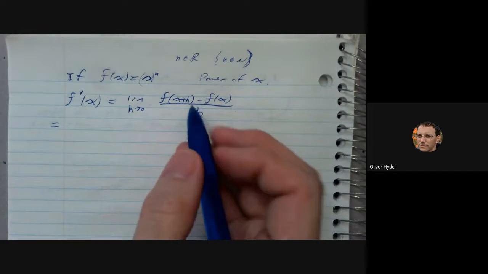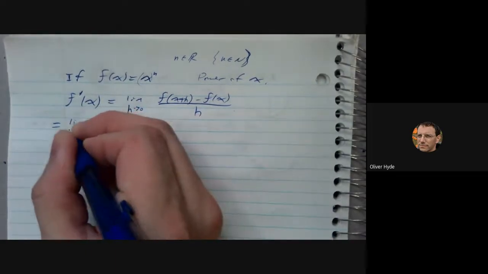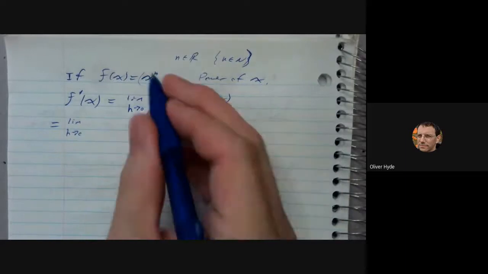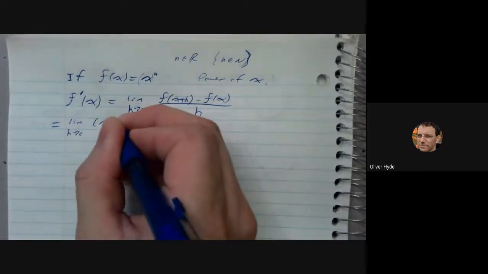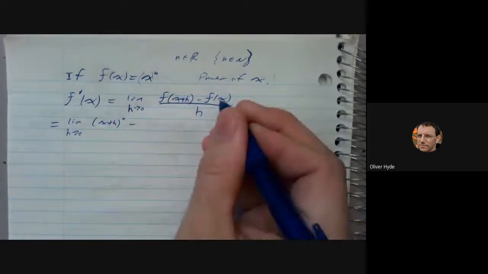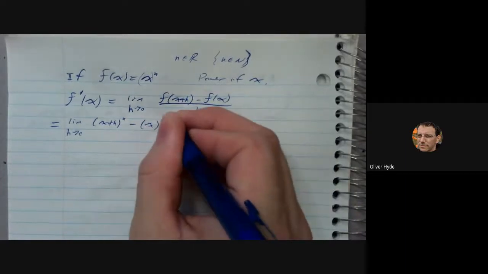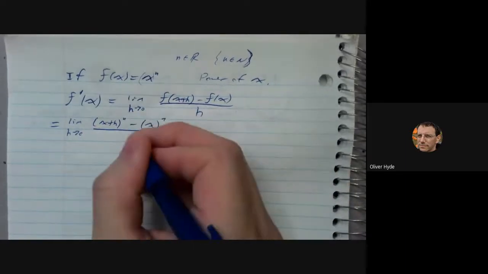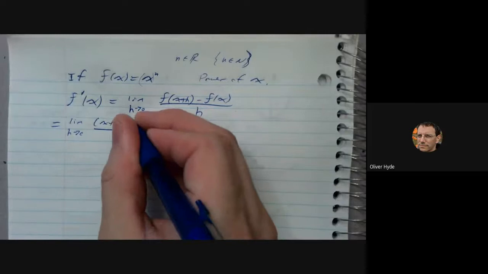So let's use a specific definition here. f of x plus h is going to be x plus h to the exponent n, and f of x is going to be x to the exponent n. Notice how expanding is going to be problematic because I don't really know what my exponent is.